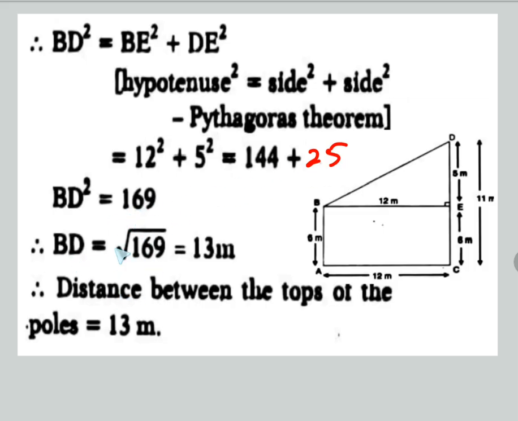Then BD is equal to under root 169. 169 is square number of 13. So BD equal to 13. The distance between the top of the pole is 13 meters.